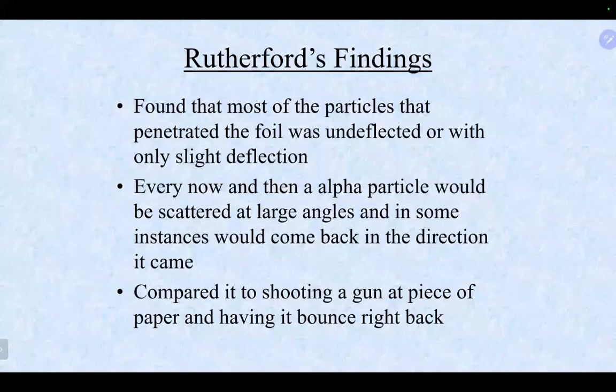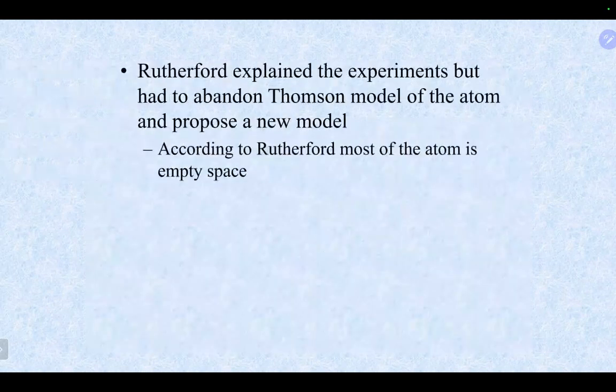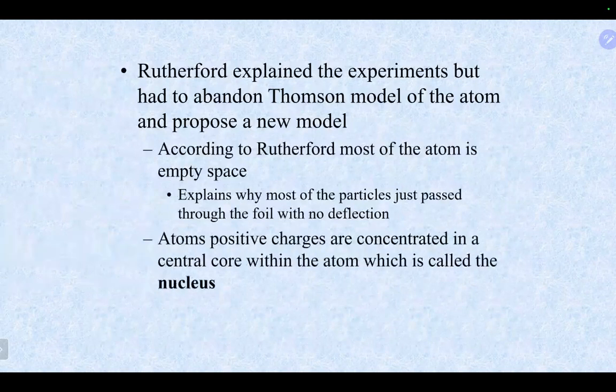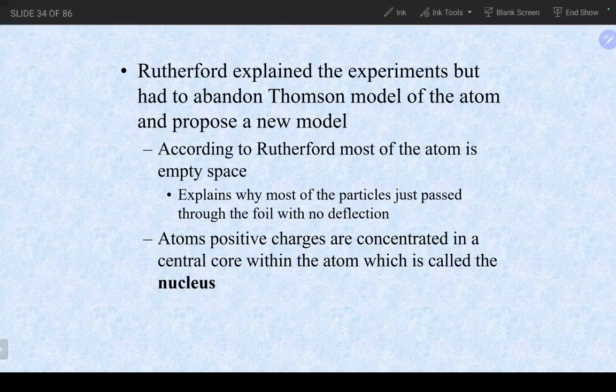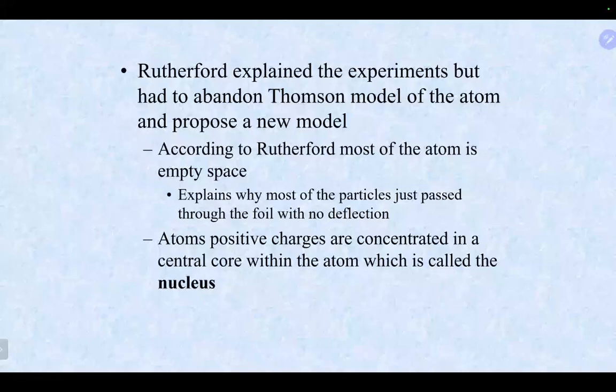So what they came up with was obviously what we see here. We see those guys going through pretty much no problem, but again, that really dense positive core in the middle. So they had to do a couple of things. The first thing was to say that the early model, Thomson's plum pudding model of the atom, is really no good.